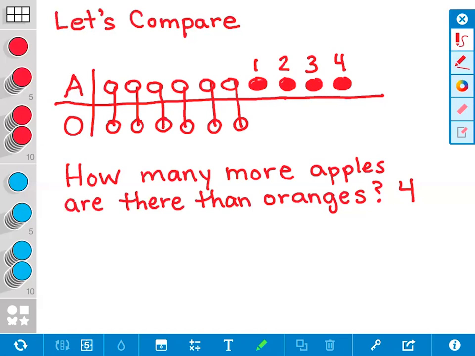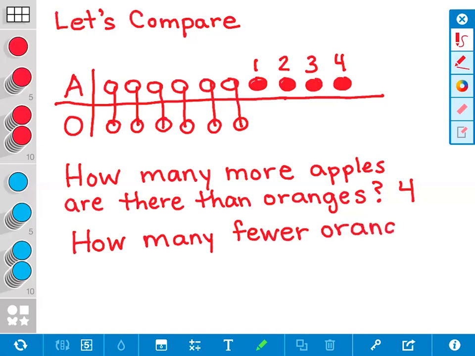Now, I can also ask a different question. I can ask the question of how many fewer, notice a different word there, fewer oranges are there than apples.